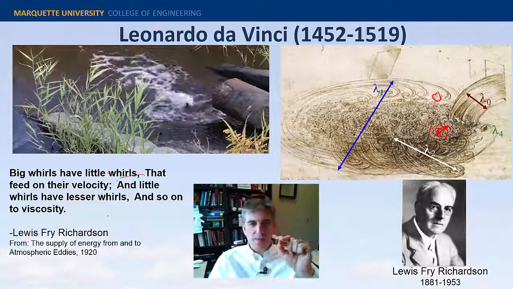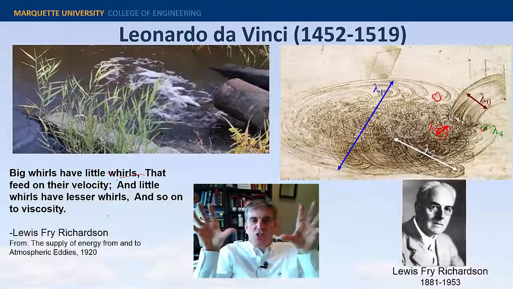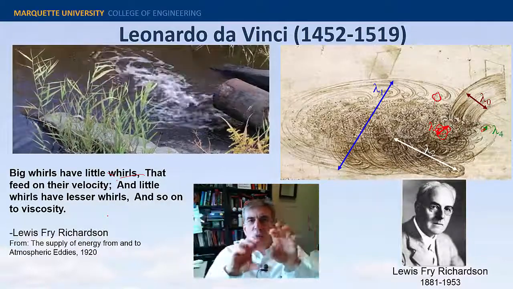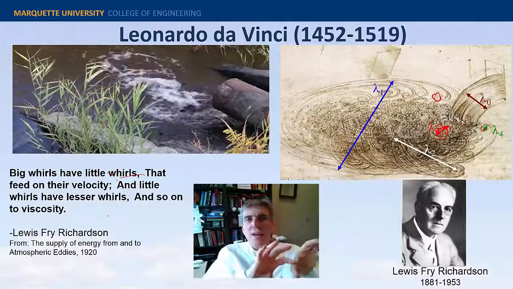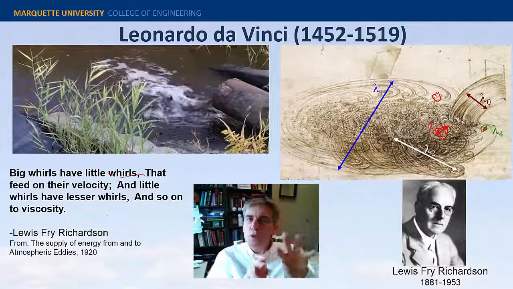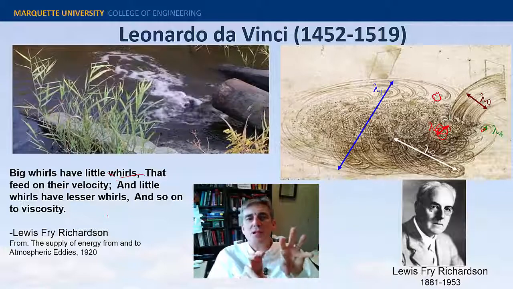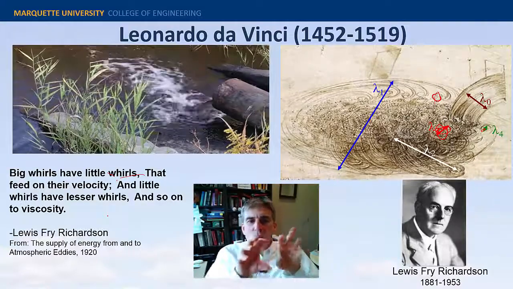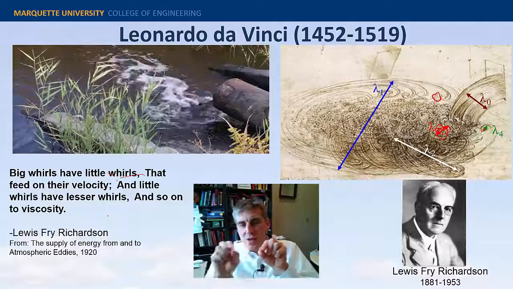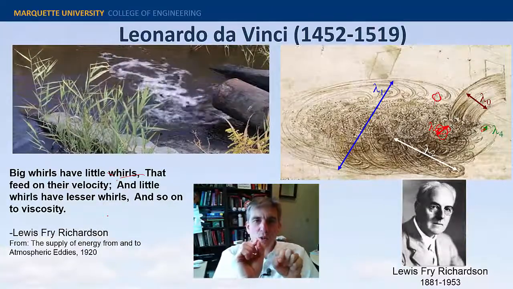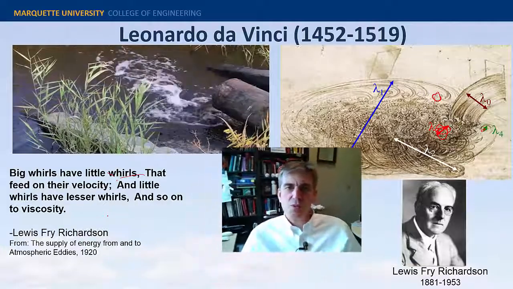That's the whole thing right there. Energy from the big whirls, have little whirls that feed on their velocity, right? They're driven by these inertial processes, these inviscid inertial processes. And then little whirls have even smaller whirls, and so on as you go down the scale all the way till you get to the final resting home, which is viscous dissipation.